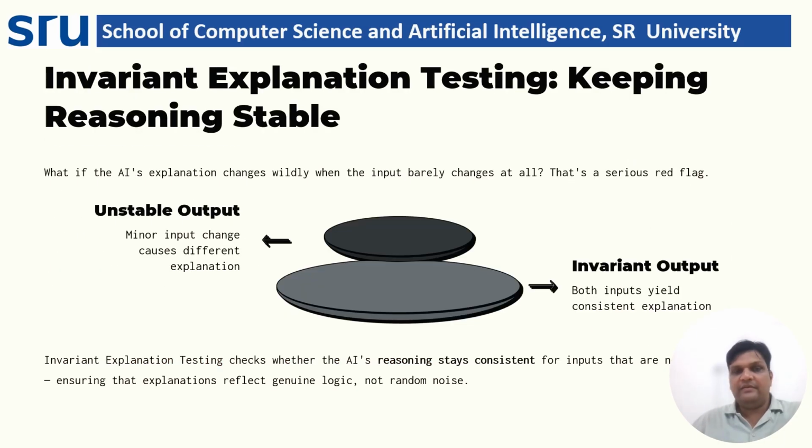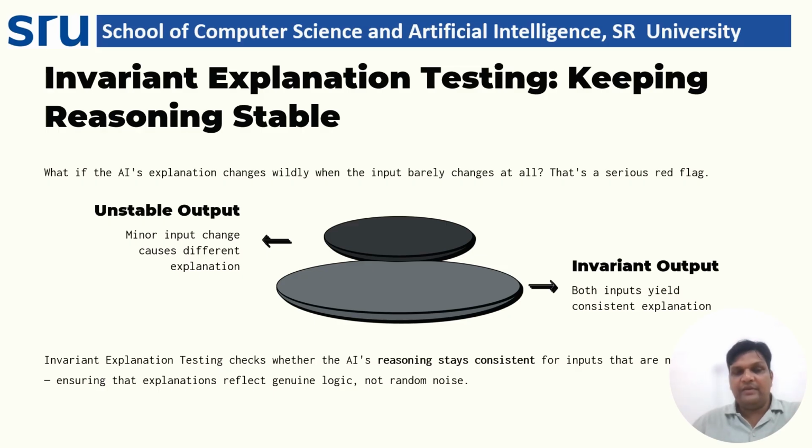We want to see the reasoning. Invariant explanation testing: keeping reasoning stable. What if the AI's explanation changes widely when the input barely changes? That's a serious red flag. Unstable output: minor input changes cause a different explanation. Invariant output: both inputs yield a consistent explanation.